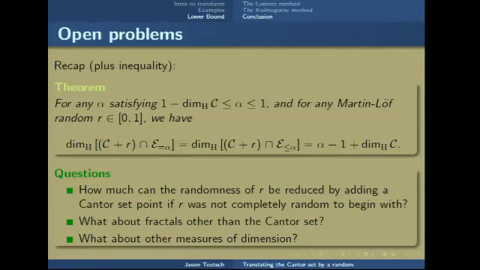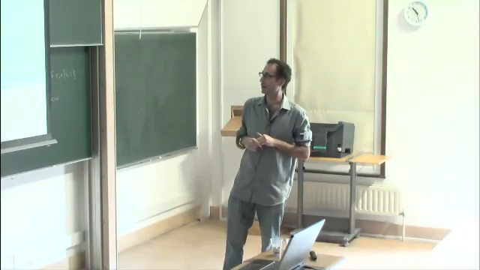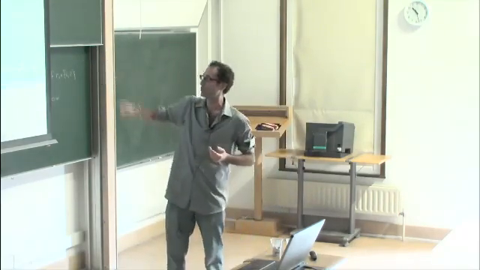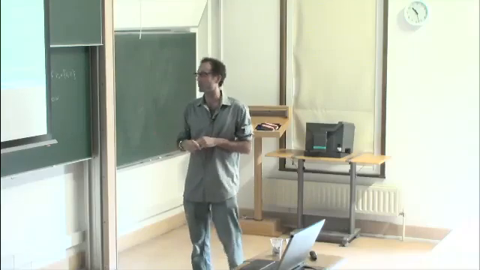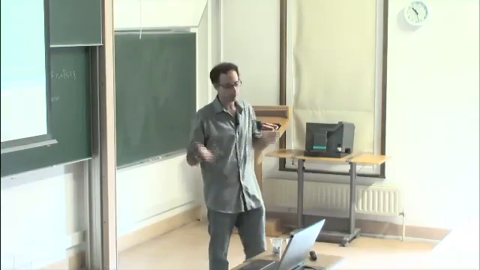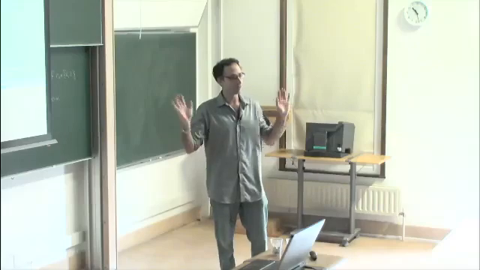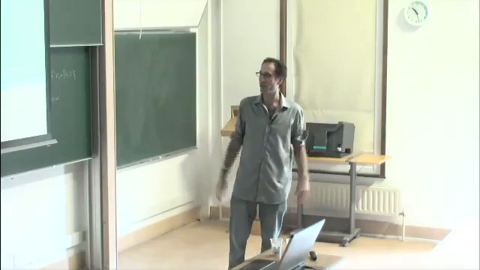So the questions: how much can the randomness of a Martin-Löf random R be reduced by adding a Cantor set point, if R was not completely random to begin with? Suppose instead of having constructive dimension 1, it had constructive dimension 1/2 or 1/4 or whatever.